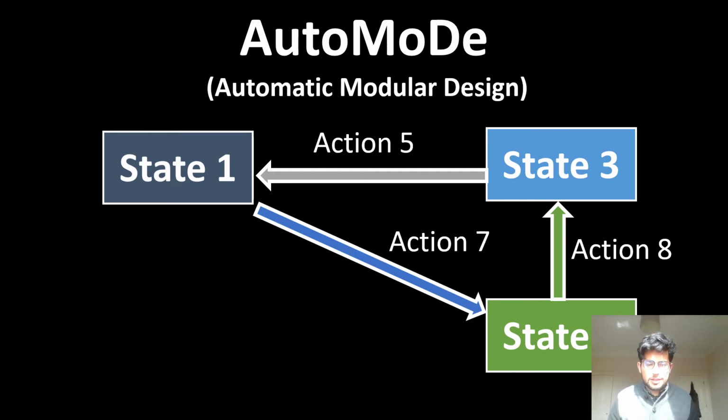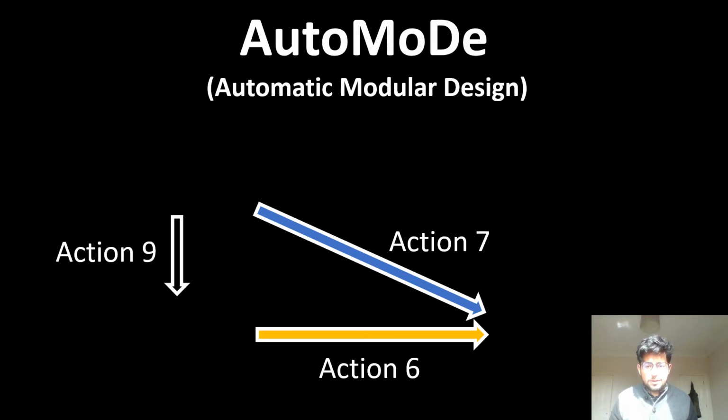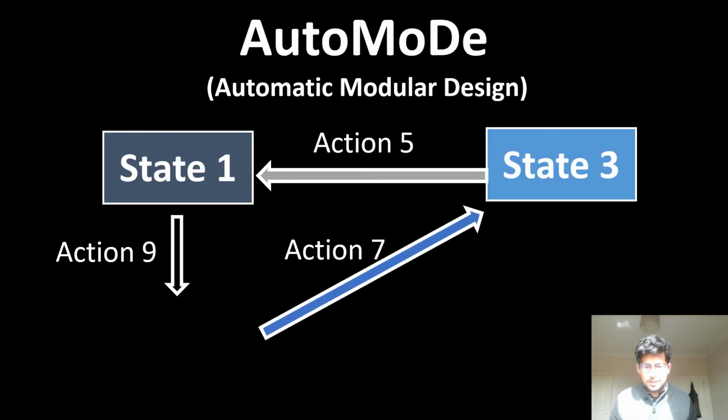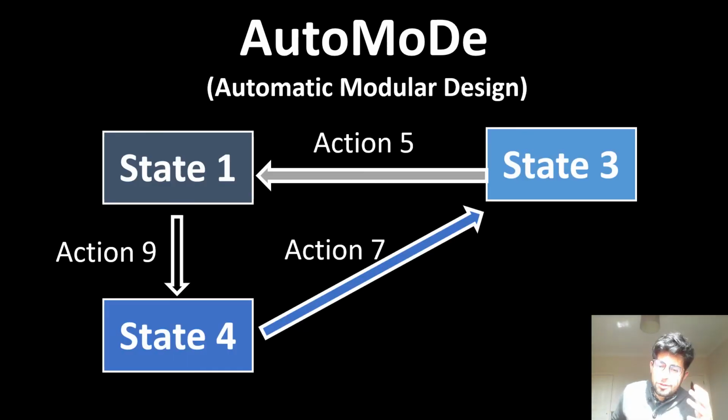For example, the one that we are seeing here could be one result, or this could be the next one, or this could be another one. And what AutoMoDe does is evaluate each of these state machines and select the best one. So that's what basic AutoMoDe does. Okay?